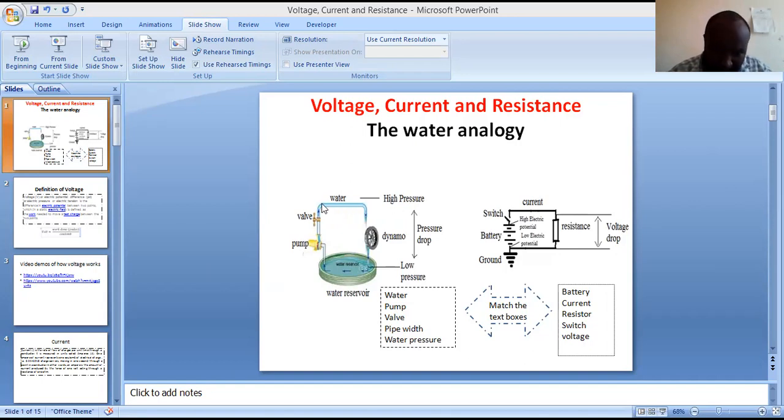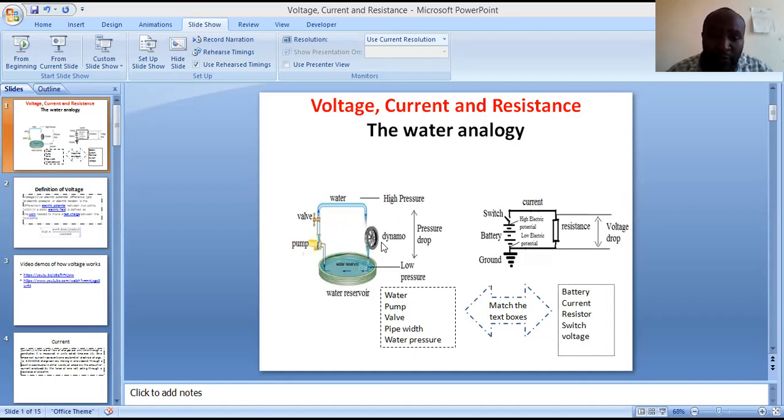Then once it is pumped, it gains what we call potential energy, and it also contains pressure that is able now to make this appliance, in our case a dynamo, to rotate.